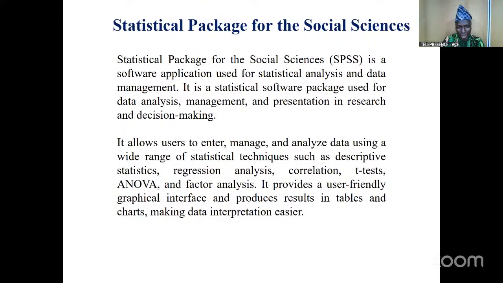It allows users to enter, manage, and analyze data using a wide range of statistical techniques. Now, SPSS provides a user-friendly graphical interface and produces results in table and chart, making data interpretation easy.